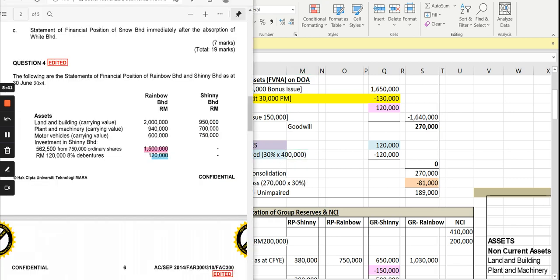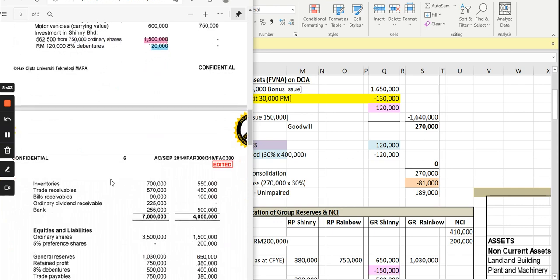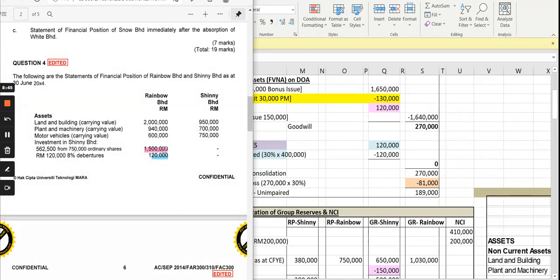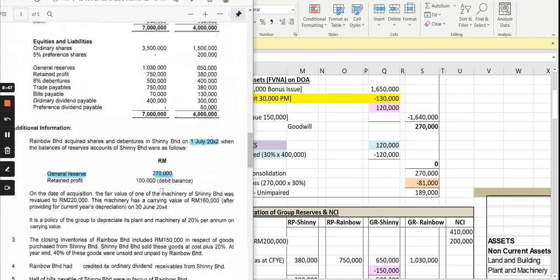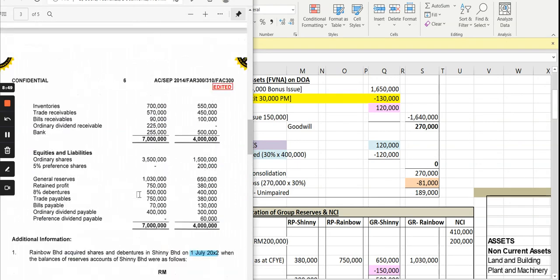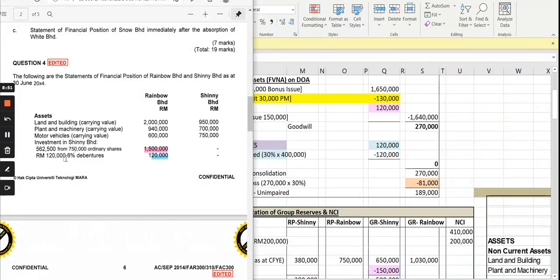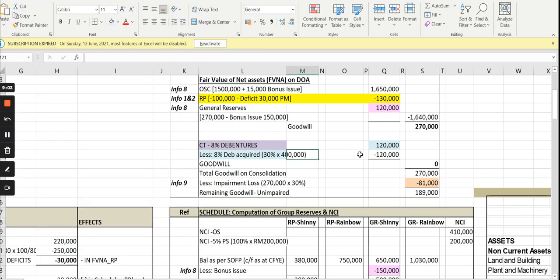So the one that you have acquired is given here. That is the cost. You need to know the amount that you acquired. It is here, in your information here. So it is exactly the same. You acquire 120,000 and you pay the cost of investment also 120,000.